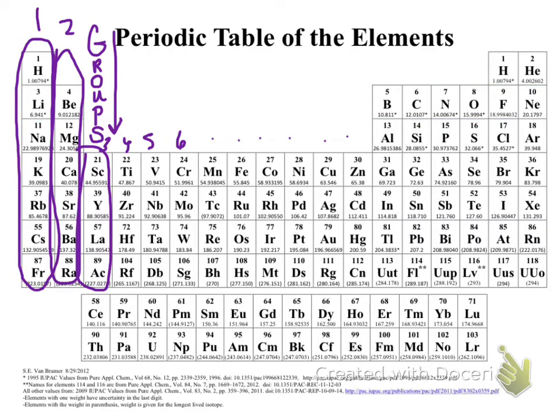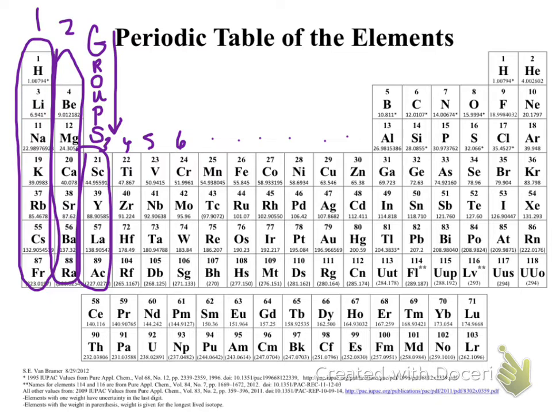Within groups, the elements in a group have so much in common that groups are also referred to as families. So within a family or a group, that's a column on the periodic table, we tend to see elements that have very similar characteristics, with only a few exceptions. And there are clear patterns within each group.